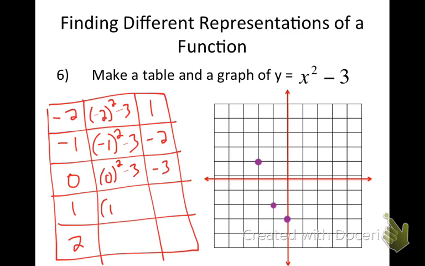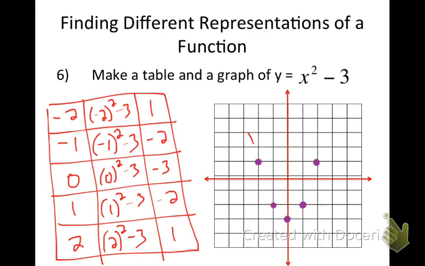Next I have 1. 1 squared minus 3. What's 1 squared? 1 minus 3? -2. So I have 1, -2. Then I have 2. 2 squared minus 3. 2 squared minus 3 gets me 4 minus 3? I have the coordinate 2, 1.